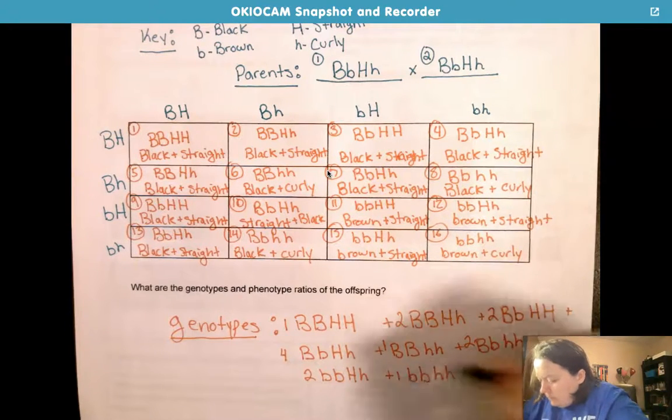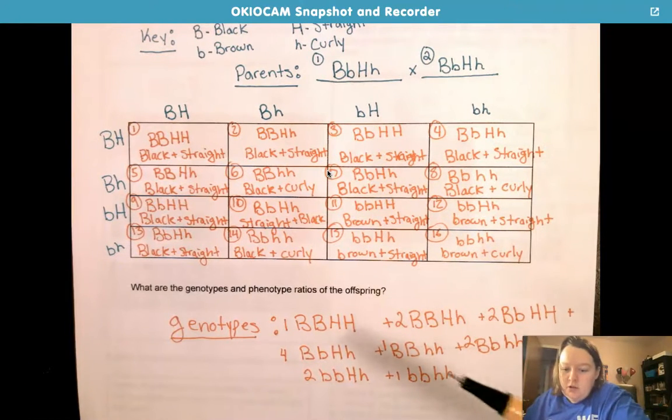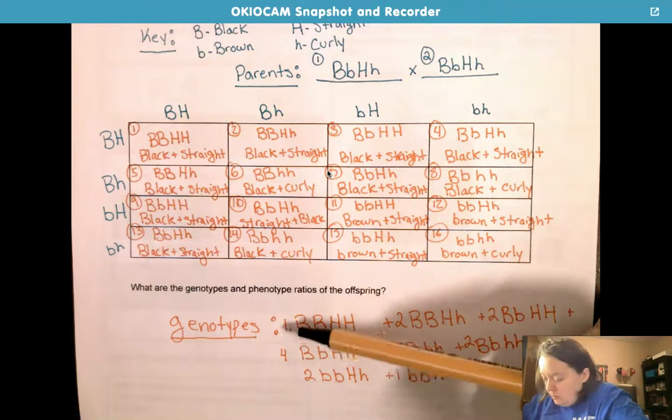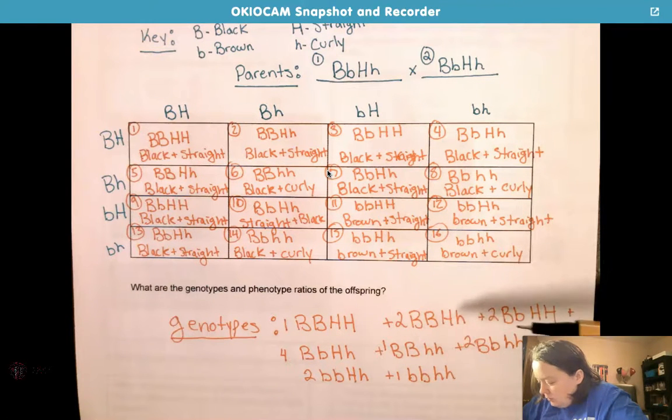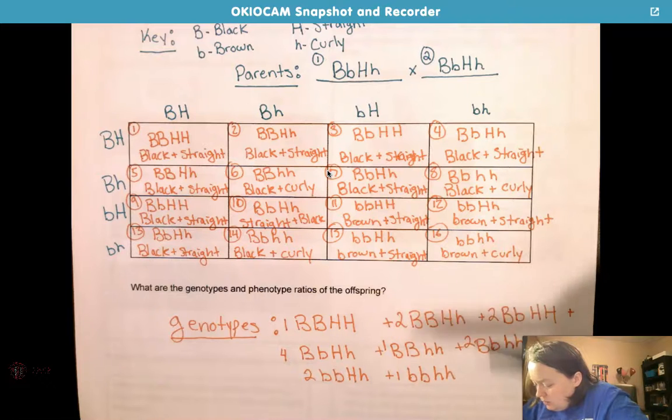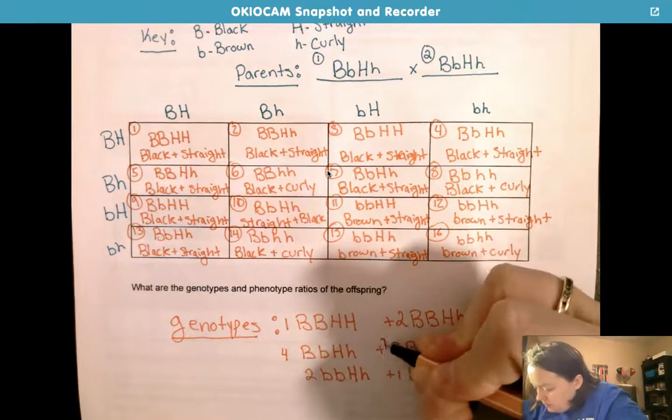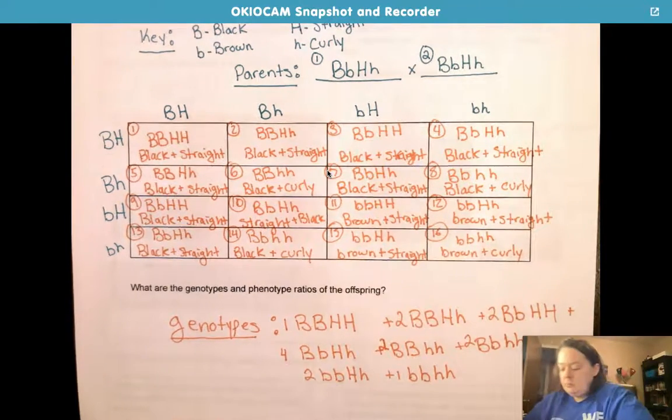And then there's only one of the last one. And just to check, they should all add up to 16. 4, 5, 6, 7, 8, 9, 10, 11, 12, 13, 14, 15. Oh, I'm missing one. Oh, there's 2 of those. Counted wrong. All right, there we go.